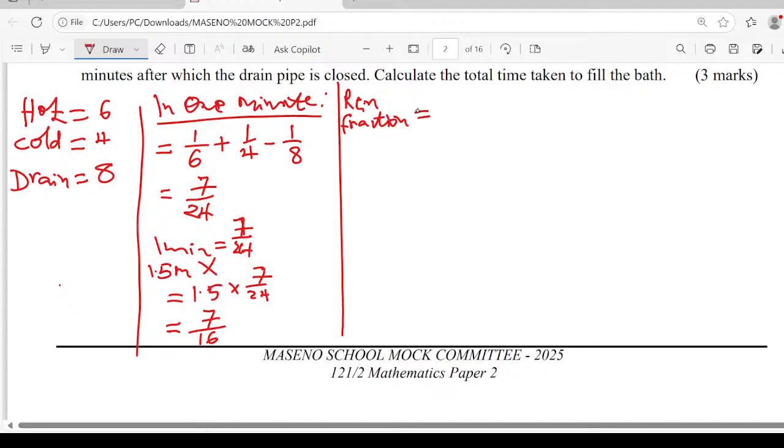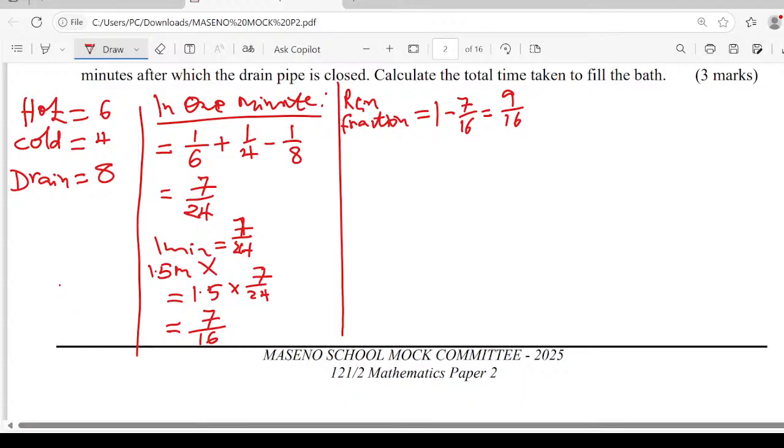Remember, learners, the total fraction adds up to 1. So if 7/16 is filled, to get the remaining fraction, I should take 1 minus 7/16. And this gives you 9/16. So after 1.5 minutes, 9/16 of the tank is still empty, yet to be filled.